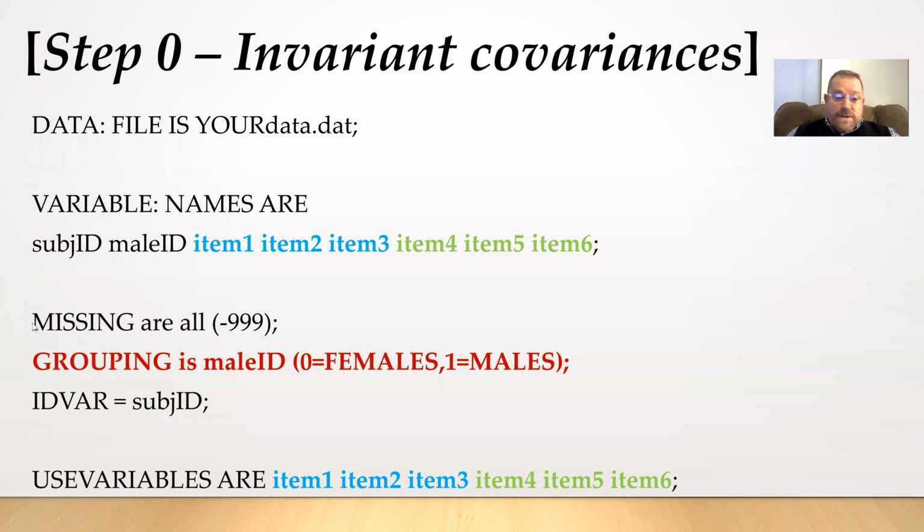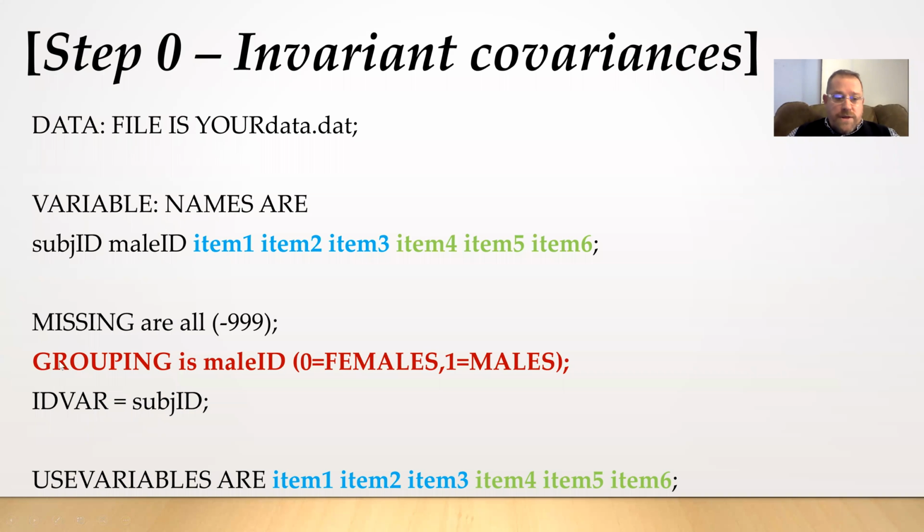If you have item level missing data, which to be honest, we almost always do, you should code that as a discrete value before making this data set for Mplus, and using this command, missing are all -999 or whatever value you used, then invokes full information maximum likelihood estimation to appropriately handle that missing data.